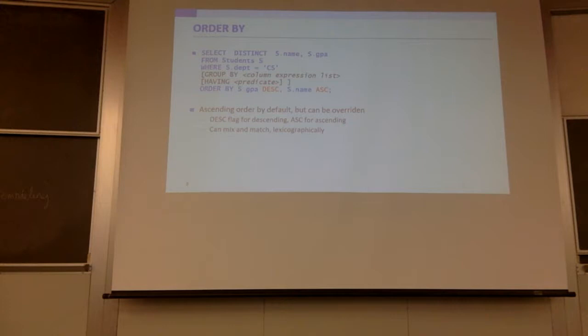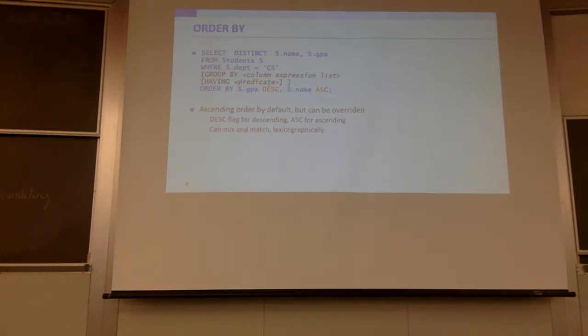And also you could specify whether you would do ascending order or descending order. That's basically, in this case, the higher GPA tuples will appear before others, like tuples with higher GPA will appear before the tuples with lower GPAs, and that's basically DESC, descending.